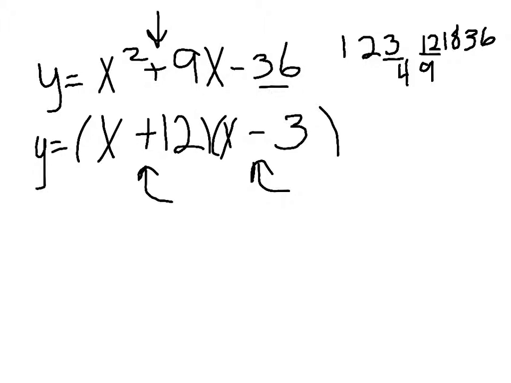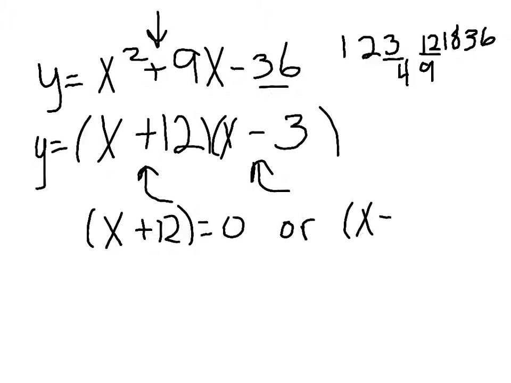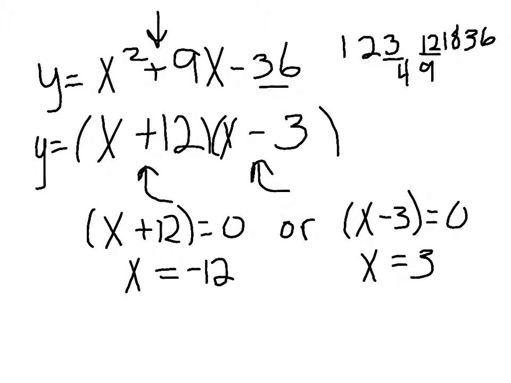But that's not all the directions. I said to solve this. So now we need to say either x plus 12 equals 0 or x minus 3 equals 0. So I'm going to solve these two. Subtract 12 from both sides, or add 3 to both sides.